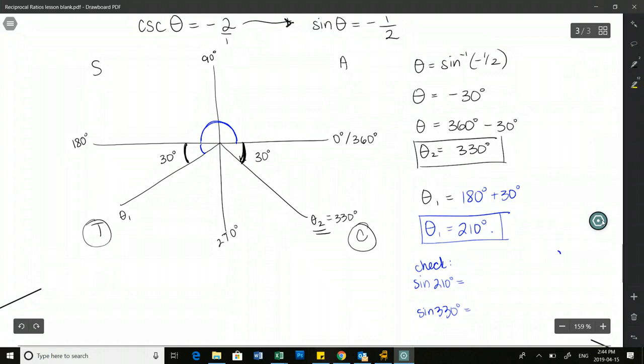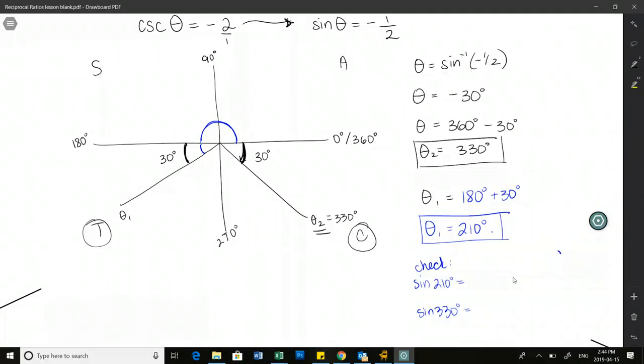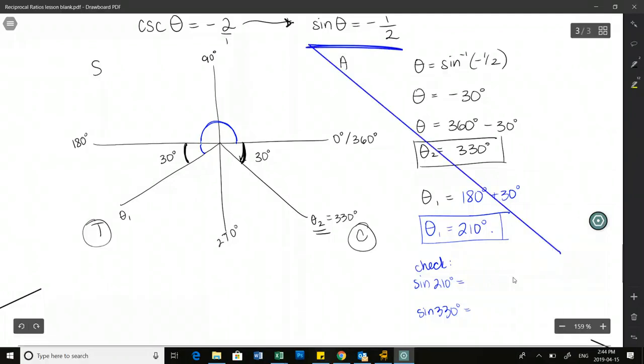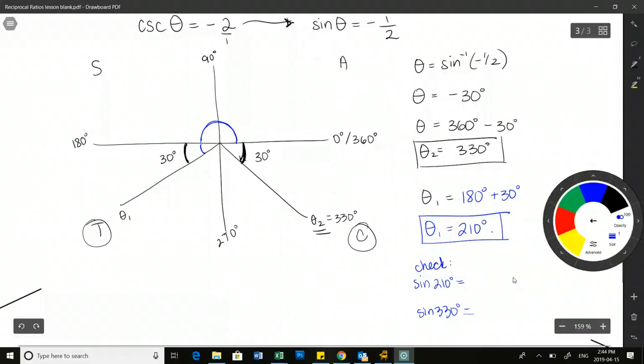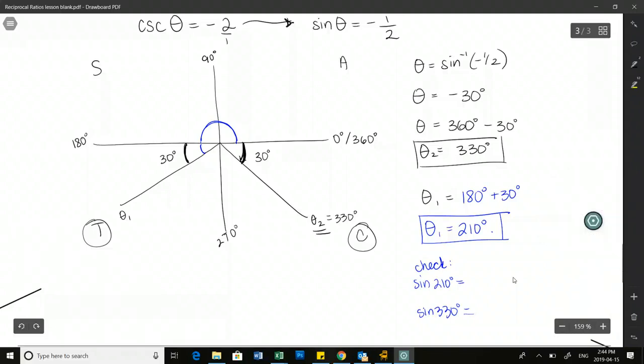So you can check that in your calculator just to make sure you got the right answer. If I get +1/2, I've put my angle in the wrong quadrant because I'm looking for where the sine of theta is actually equal to -1/2. So I want to make sure that I actually get the correct value and also the correct sign. So I should get -0.5 and -0.5, and then I know that my answer is correct.